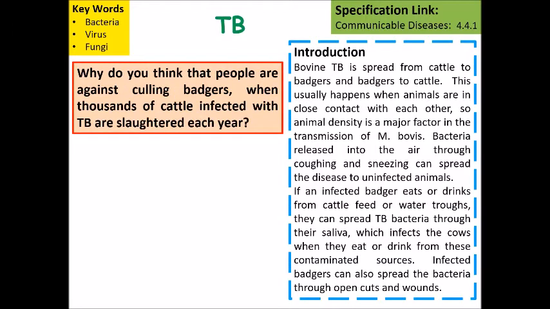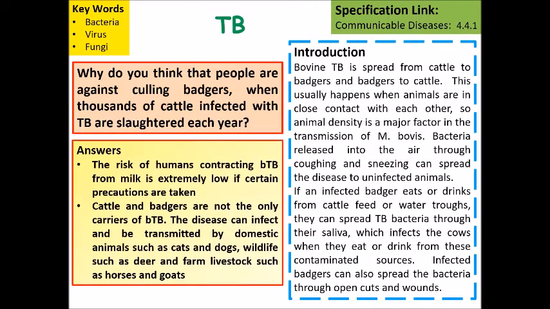Why do you think people are against culling badgers when thousands of cattle a year are infected with tuberculosis and are then slaughtered? Some of the things that people might think about are that the risk to humans contracting bovine tuberculosis from milk is extremely low, and that cattle and badgers are the only carriers of this form of the disease.